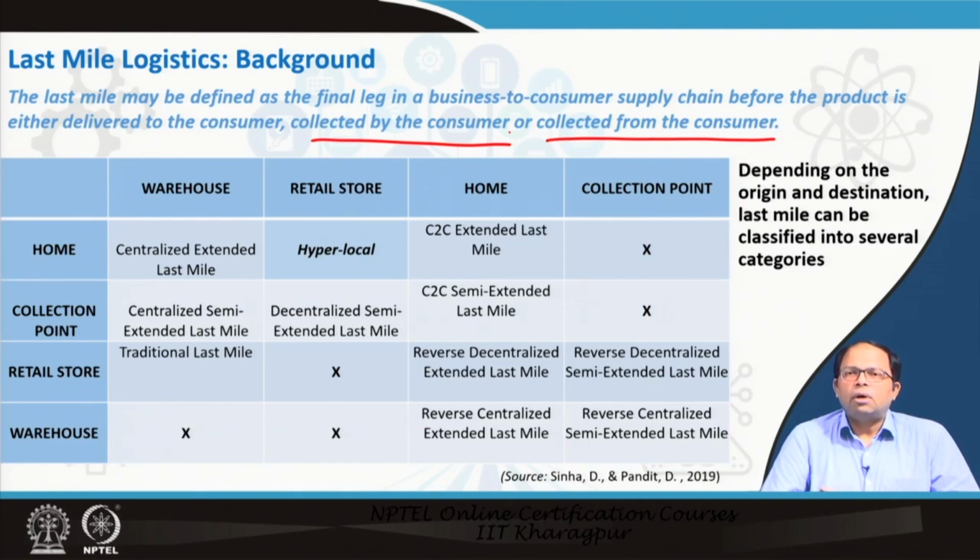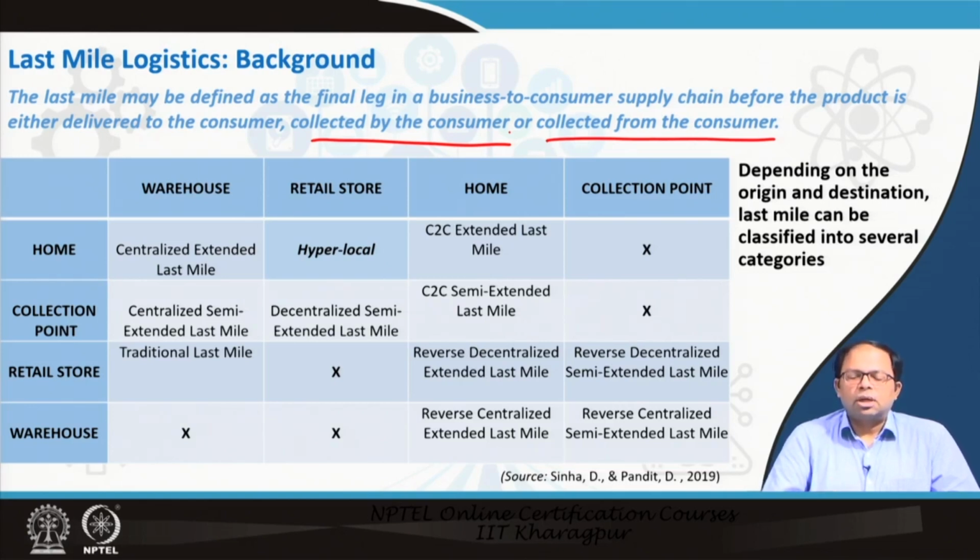So, instead I deliver to a collection point from where these individuals can come and collect their particular delivery. That will reduce the total cost of the system, and the individuals also need to travel a bit. So, there is also some amount of inconvenience added to this collection process.